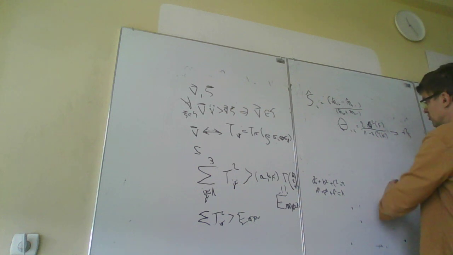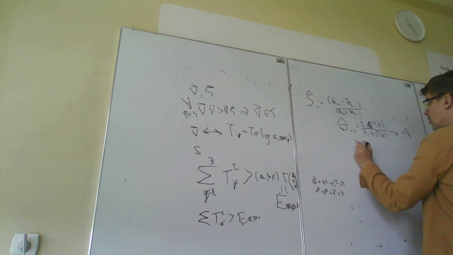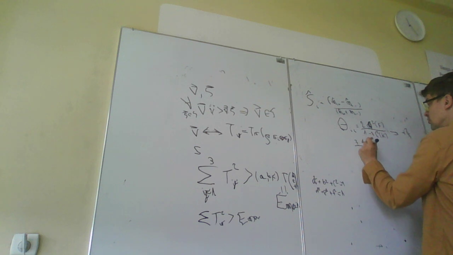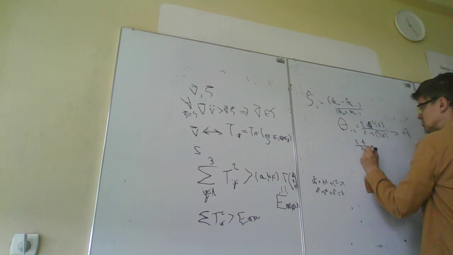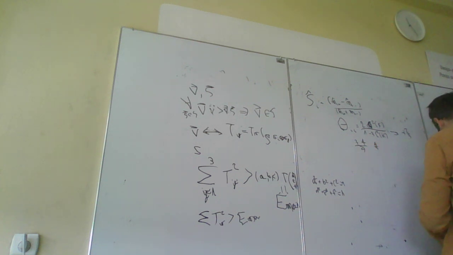So if I take 3 of them and square them, it would be 3 times 4/9, which is 4/3, okay, which is kind of strange, but never mind.